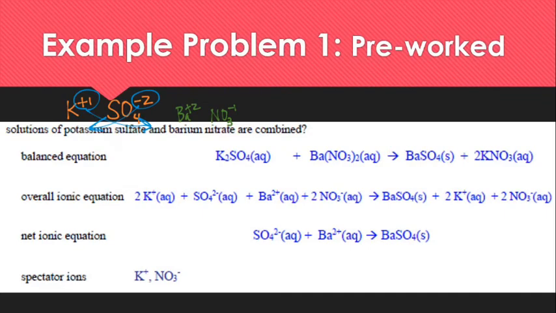So, first aqueous substance that I see is potassium sulfate. We're going to break that up into the potassium and the sulfate part, and the potassium is going to have that same +1 charge. You don't always have to write the 1, but I like to. It's still aqueous. And notice the subscript that we had here, this K2SO4, turned into a coefficient.